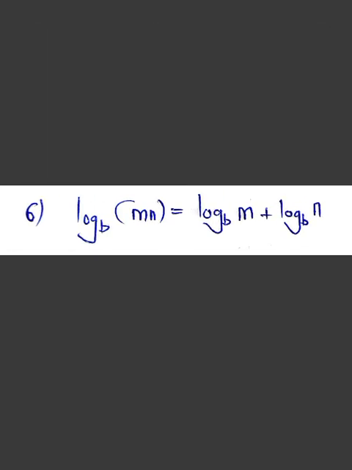Let's look at another property. If you've got the logarithm of two numbers being multiplied by themselves, the logarithm of a number m multiplied by n to the base b, this can also be written as log of m to the base b plus log of n to the base b.